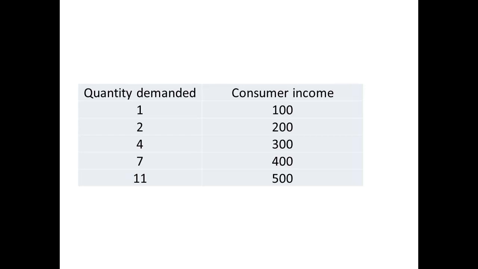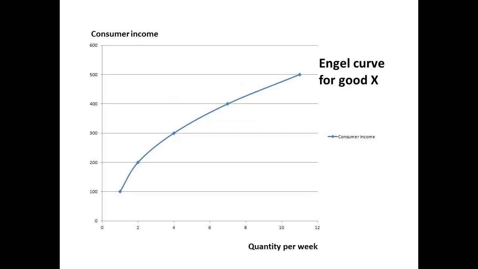Essentially, the demand for good X is increasing as the income of the consumer increases. This data can now be plotted as a graph. The result is an Engel curve. This curve indicates that initially the demand increases at a high rate, but as income continues to rise, then the increase in demand will fall.